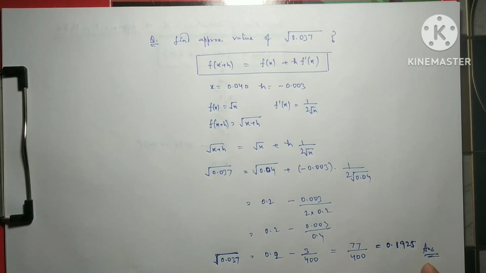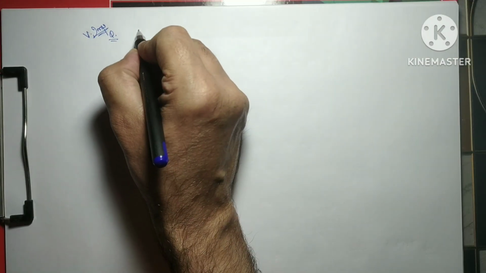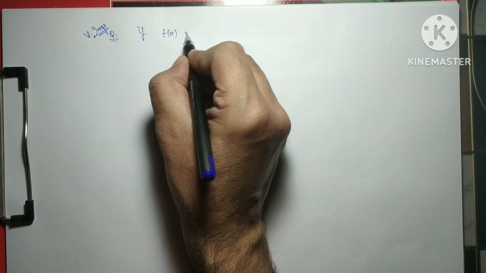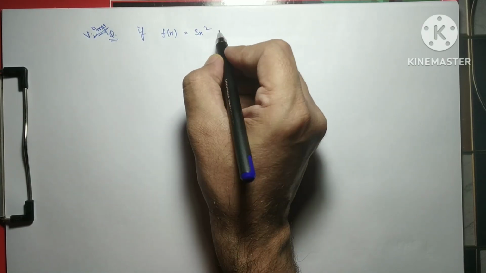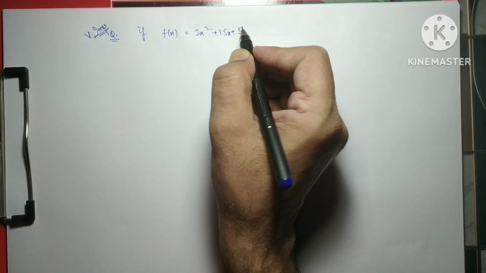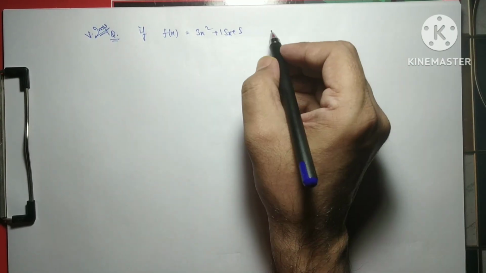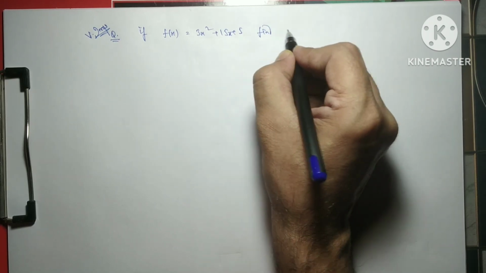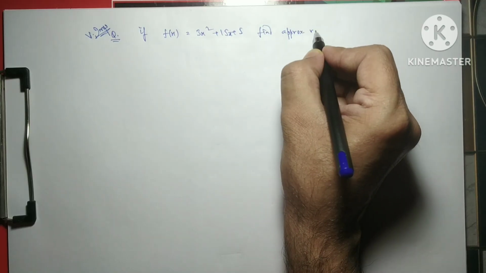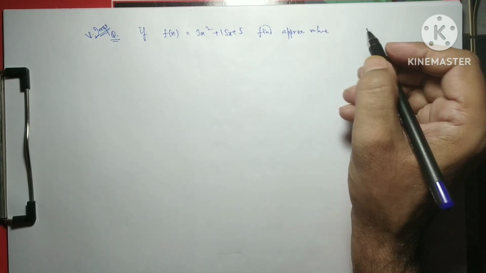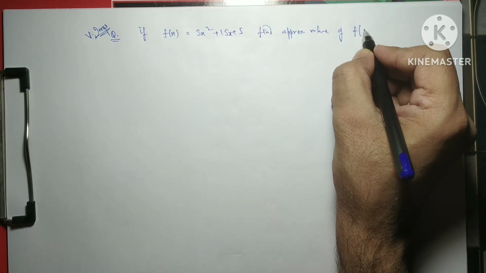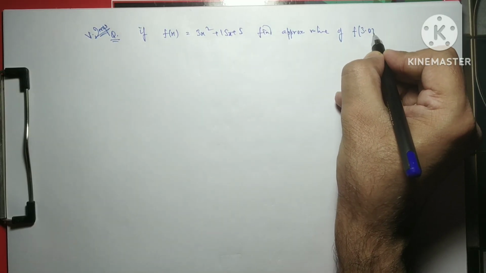So it is very easy to calculate this. If the function f(x) equals 3x square plus 15x plus 5, find the approximate value of this function at 3.02.